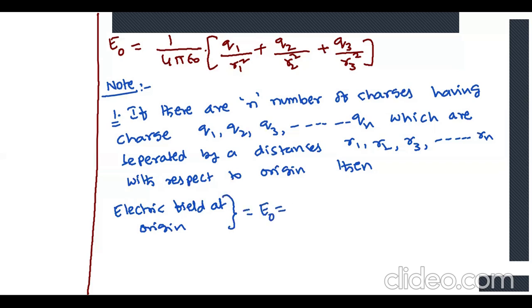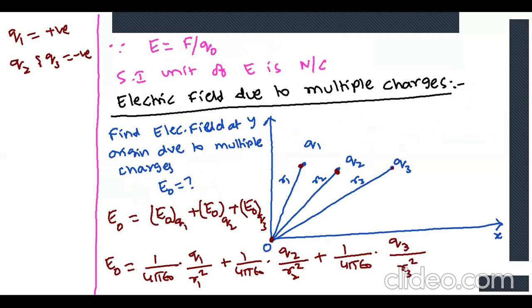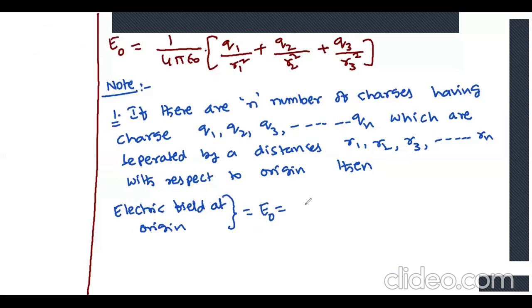Previously, we had three charges. Here I'm having n number of charges. So can I say that E naught due to Q1, E naught due to Q2, like that up to Qn, right?